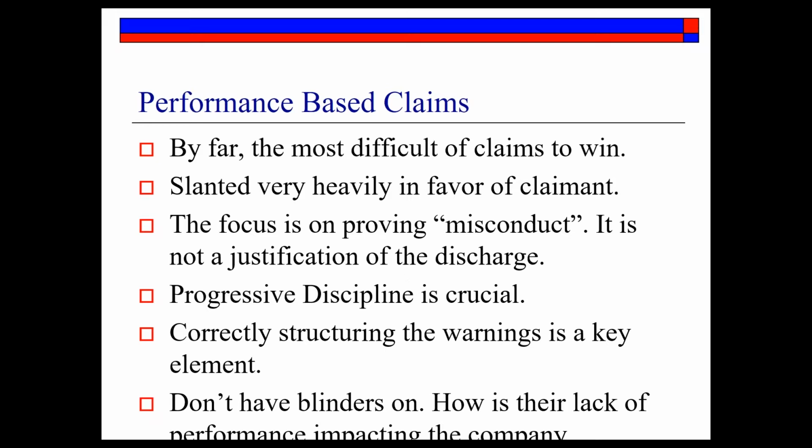You want to make sure that you include those other ways in your written warnings and discuss how it's impacting. The state adjudicators love hearing how their performance or lack of performance is impacting the company as a whole.